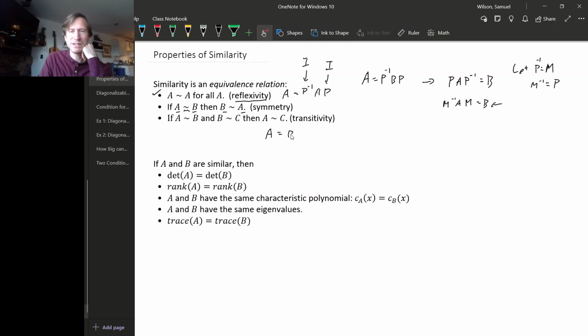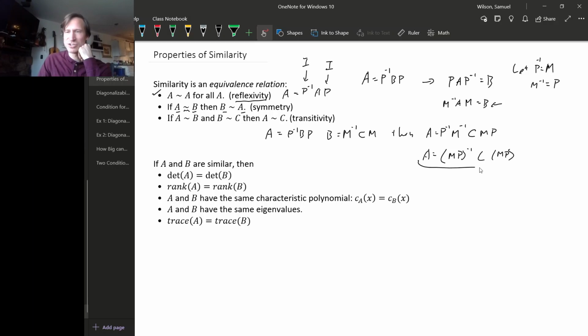If A is P inverse B times P, and B is similar to C, that means we can write B equals some matrix M inverse times C times M. If we plug one of these into the other, we get A equals P inverse M inverse C times M times P. But then we can rewrite this as M times P inverse, times C, times M times P. And this shows us that A is similar to C. This property is called transitivity.